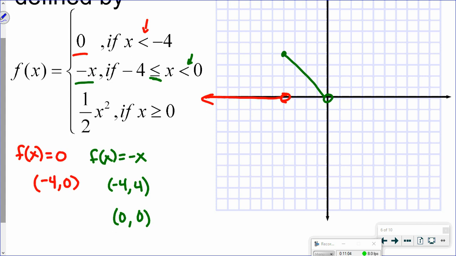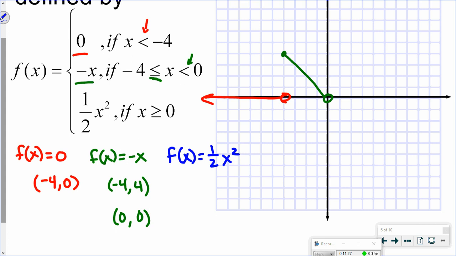Okay, then my final function, 1/2 x squared. All right, well, x squared is quadratic. And when I have a 1/2 out front, that represents a vertical shrink. So I'm taking my parent function, and I'm doing a vertical shrink.